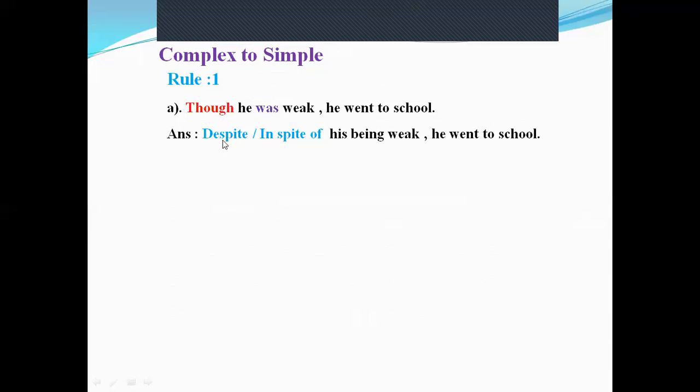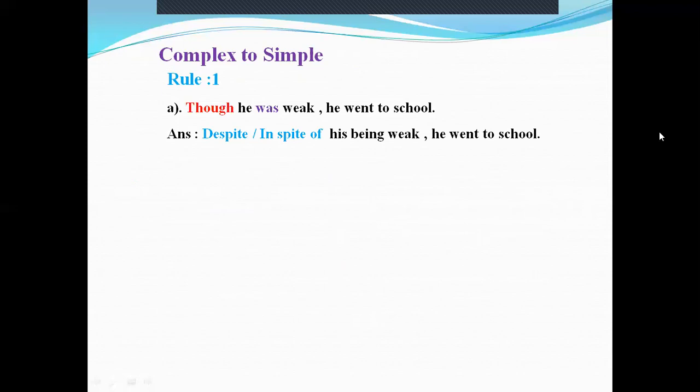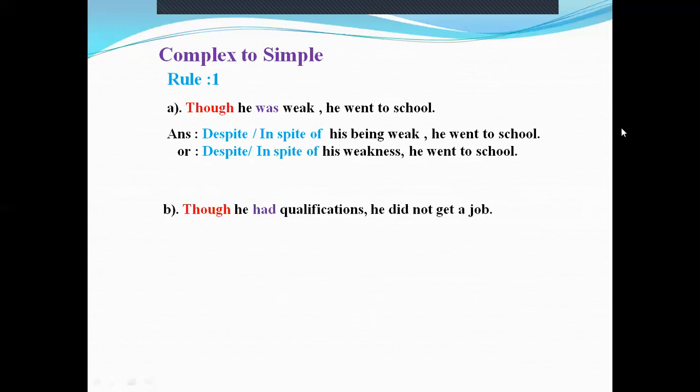So the answer will be despite or in spite of his being weak, he went to school. You can write this in another way. You write the noun form of weak, weakness. So the answer will be despite or in spite of his weakness, he went to school. Both the answers are correct.